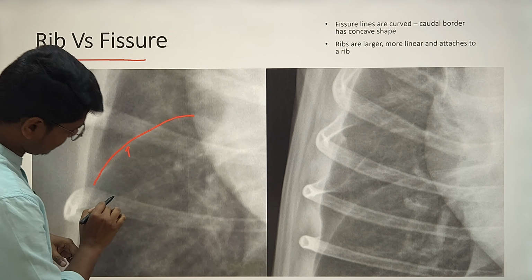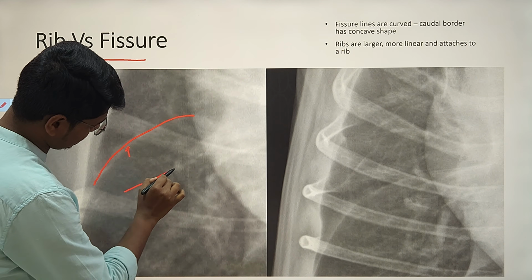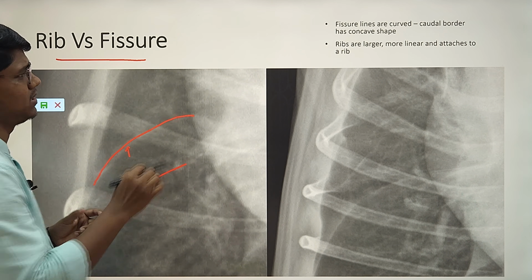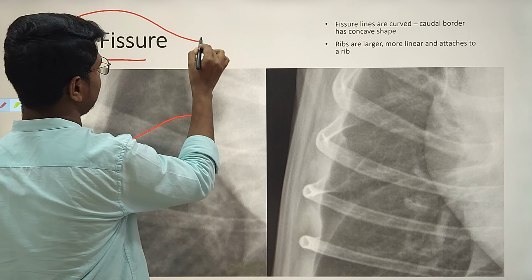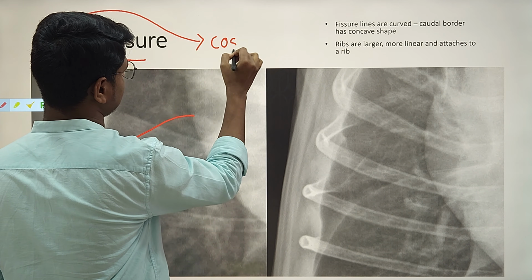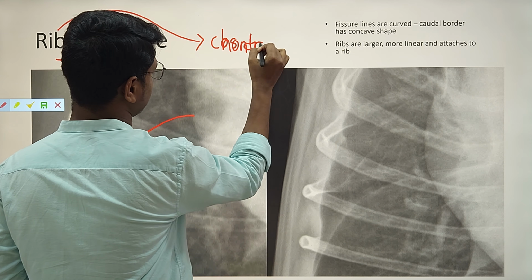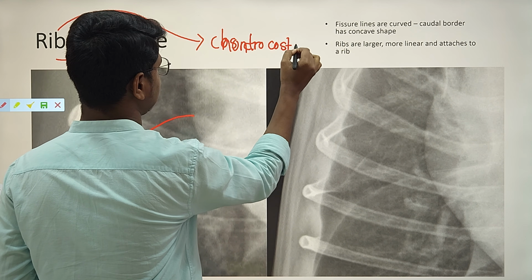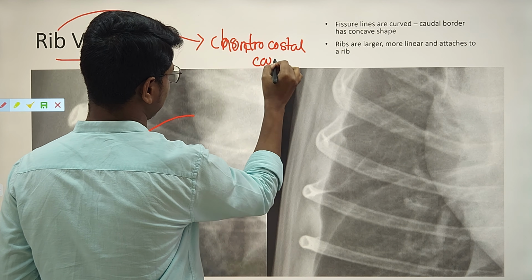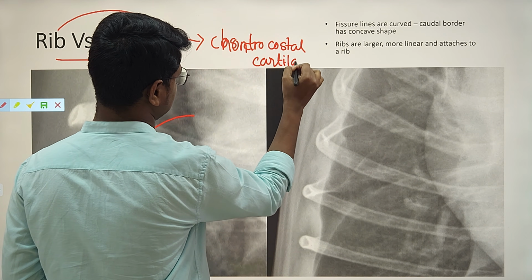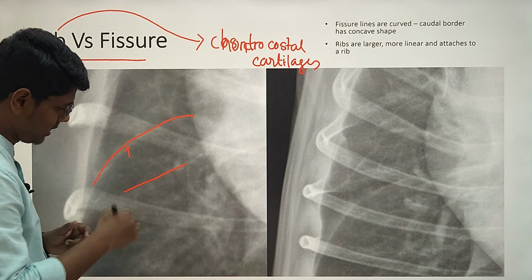Okay, but if you see a rib, or especially not rib, especially it is basically chondrocostal cartilage, or you can simply say costal cartilage. They usually get confused.